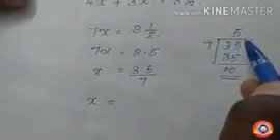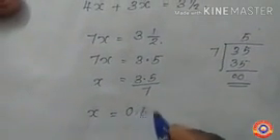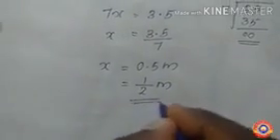So x equal to, we have to put one decimal point there. So the answer must be 0.5 meter, and it is equal to half meter. So x equal to half meter. Next we have to find the length of the pieces, and the lengths of the pieces are equal to the perimeters of the square and the equilateral triangle.